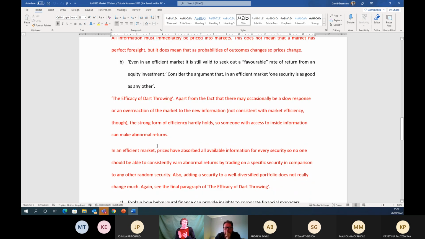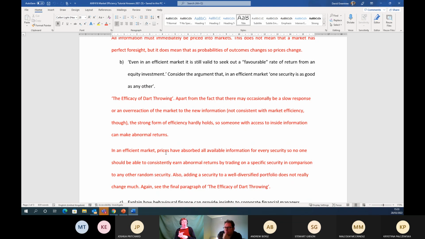So there could be conservatism where things are too slowly factored into markets. But apart from that occasional slow response, or the overreaction of the market where we have representativeness, the strong form of efficiency hardly holds. Someone with access to inside information can make abnormal returns, and that's the concept of insider trading, which we talked about last week.